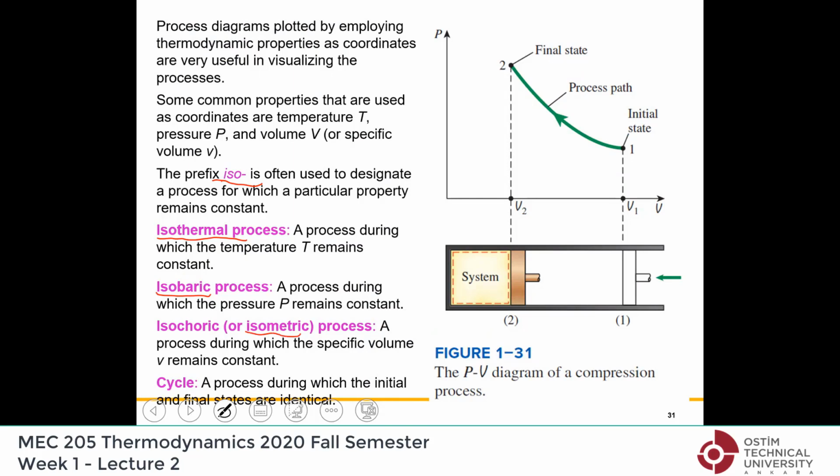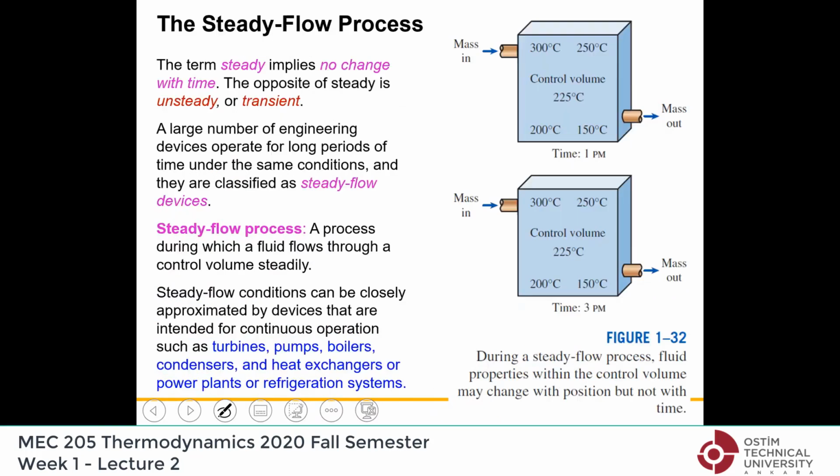And isometric or isochoric means the volume remains constant. And as a special case, if the state returns to the initial state after the process, we call it a cycle.